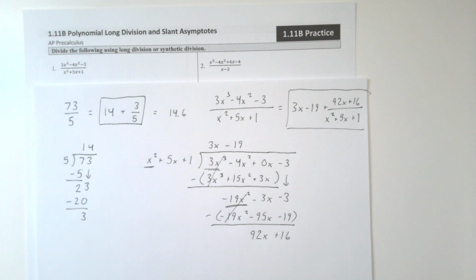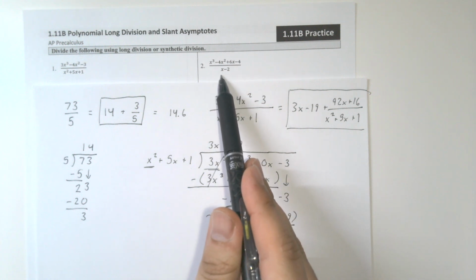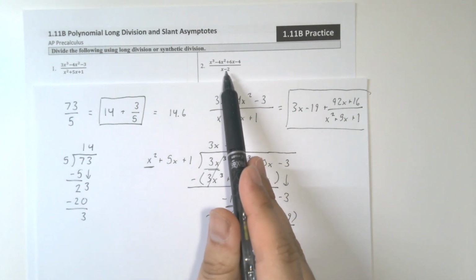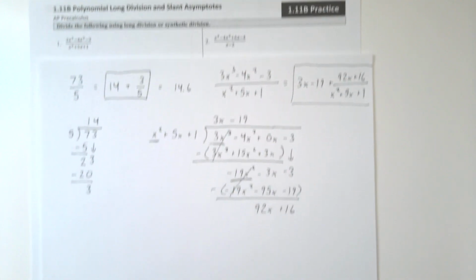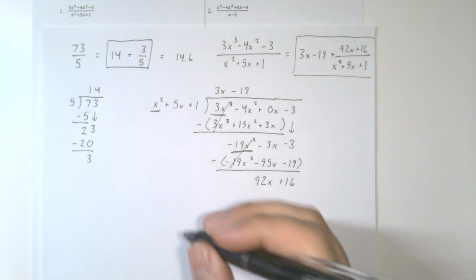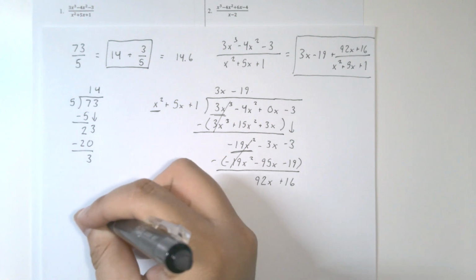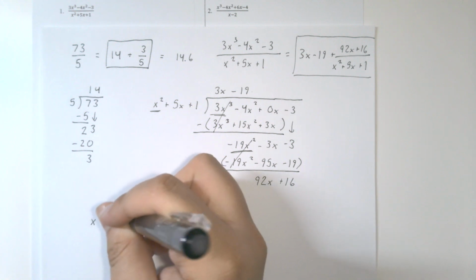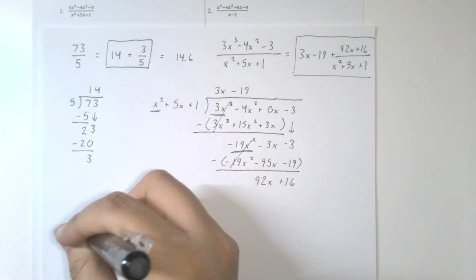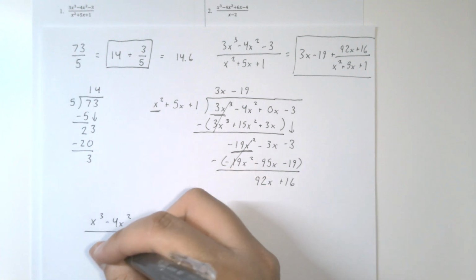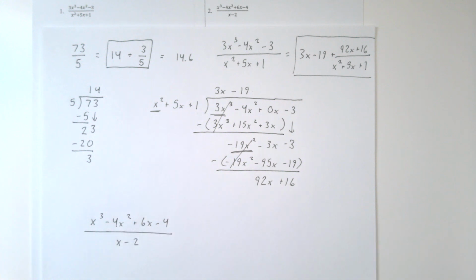Also, if we are doing a problem like we have for number 2, where we're dividing by x plus or minus a number, we can actually make this process even smoother. So let's try this. We have x cubed minus 4x squared plus 6x minus 4 divided by x minus 2.